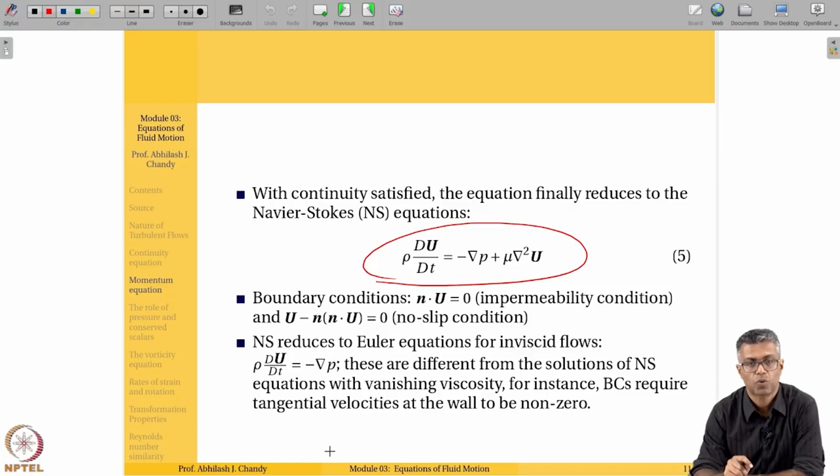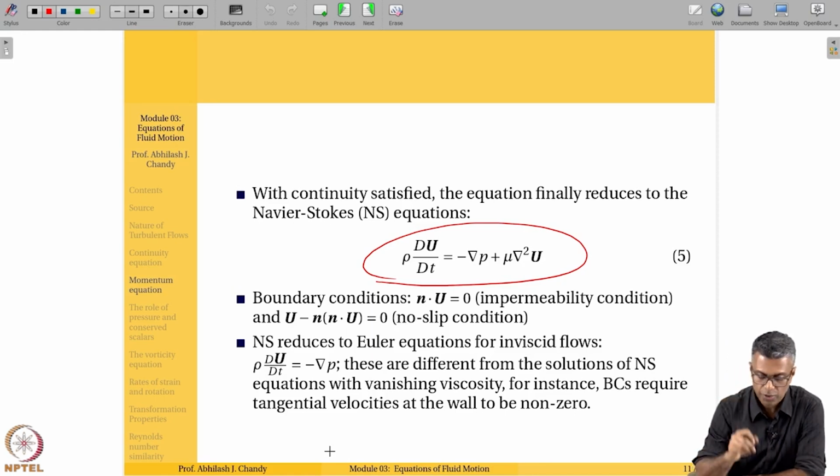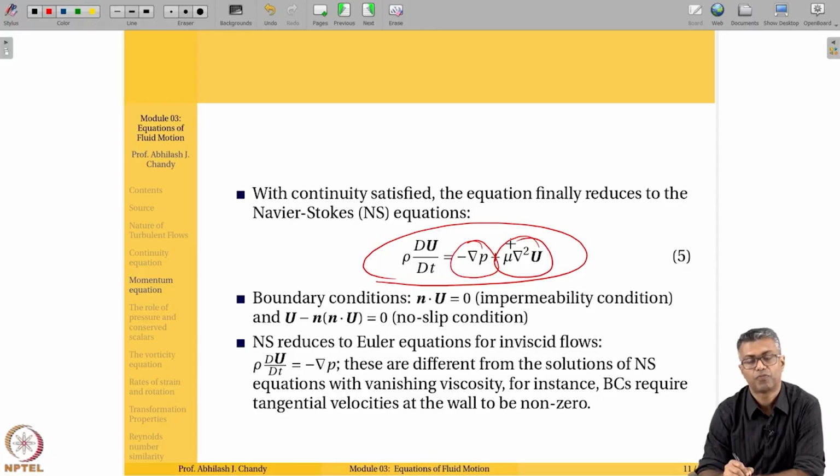This is the Navier-Stokes equations, specifically the momentum equation. I hope that is clear. So we have the total derivative of the velocity on the left hand side, which is essentially the acceleration, and on the right side I really have the sum of all forces. The forces coming from pressure and from viscous force, friction.